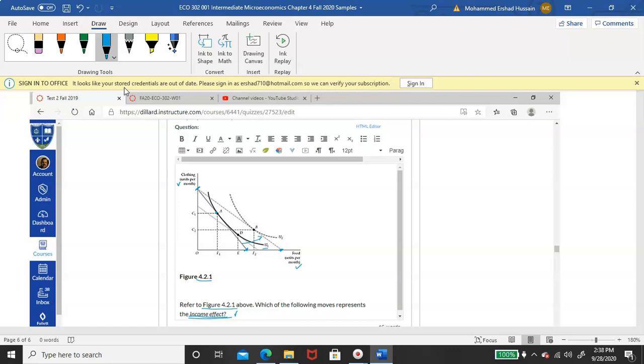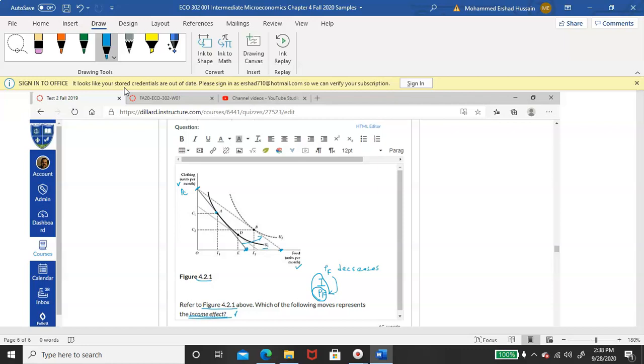The price of clothing does not change, but the price of food decreases. As a result, that intercept, income divided by the price of food, remember, that was this intercept. Because the denominator, the price of food, is decreasing, that intercept will increase. This is how we know.